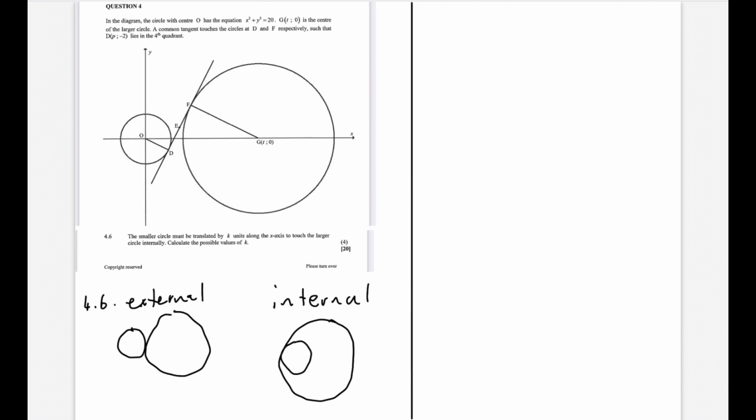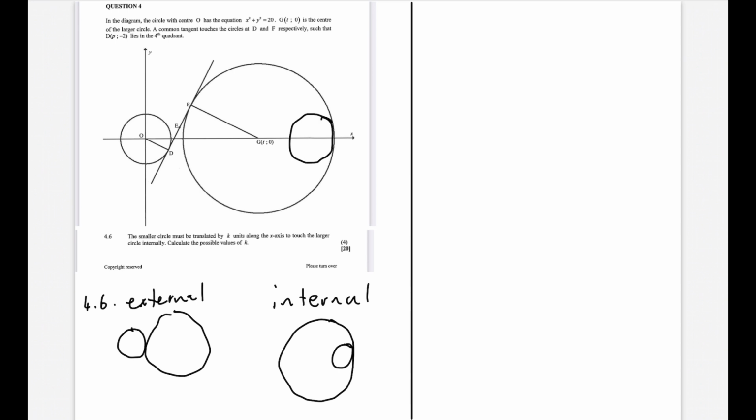So what we need is for the small circle to move along the x-axis. Shift this circle to the right until it looks something like this, or another option is for it to touch on this side here. So maybe we could also move it all the way until it touches the bigger circle somewhere here.